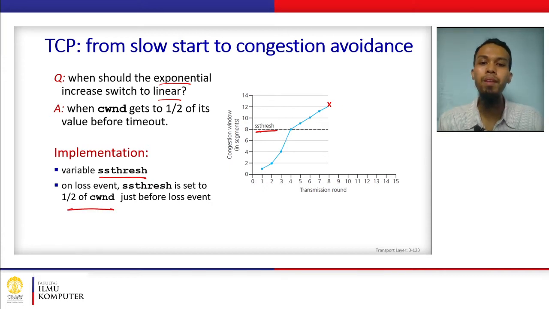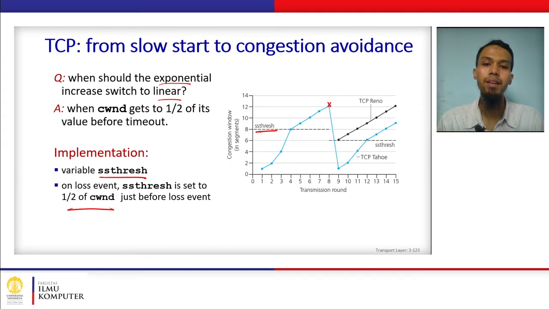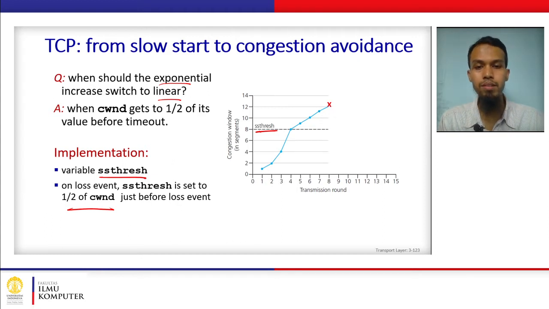Now we'll see how this is implemented in different TCP implementations. If you talk about the SS thresh, this will be the same. For example, in this case, we start with slow start from 1 until 4.